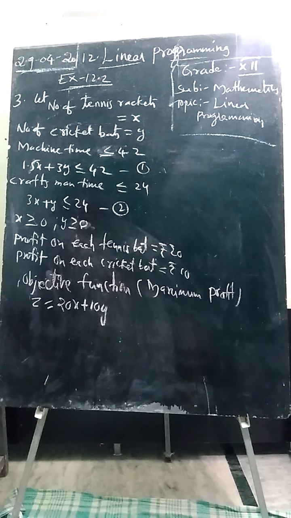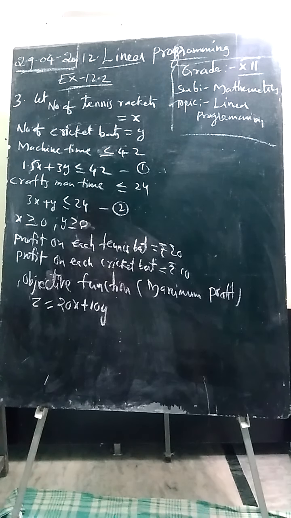What number of rackets and bats must be made if the factory is to work at full capacity, if the profit on a tennis racket is rupees 20 and on a cricket bat is rupees 10 respectively? Find the maximum profit of the factory when it works at full capacity.